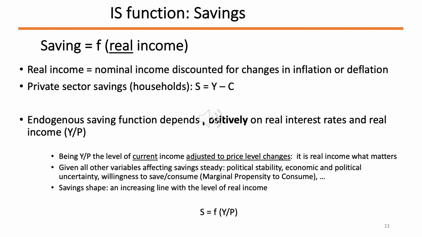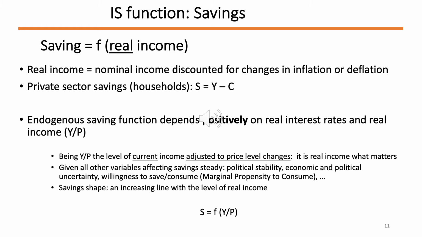So indeed, we take into account changes in inflation or deflation, and we make our decisions as regards savings according to the purchasing power of our money. So we take into account real income rather than just nominal income. That's very important to remember.